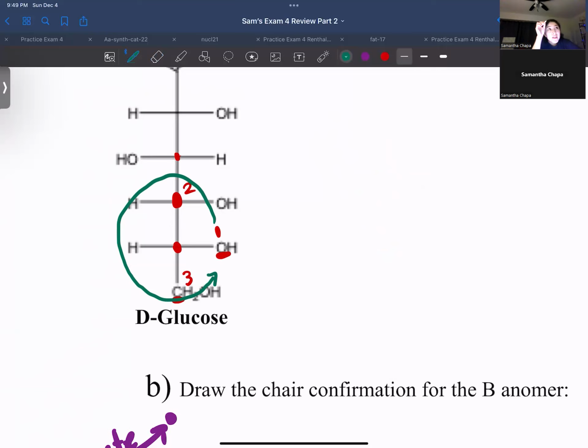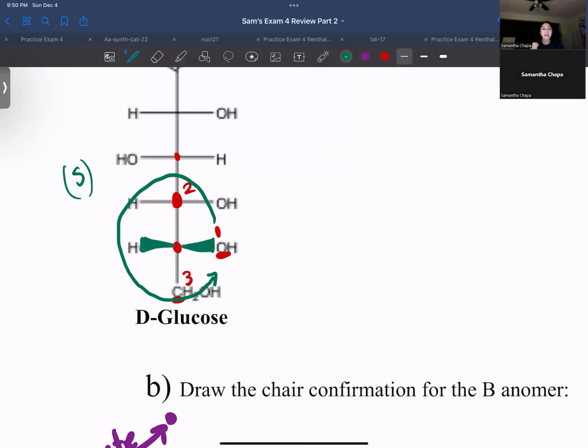And so we're going anti-clockwise. At first you think it's S configuration, right? But then you remember that in Fisher projections, all these horizontal lines, those connections are all on the wedge. So your least priority, your hydrogen, is on the wedge.